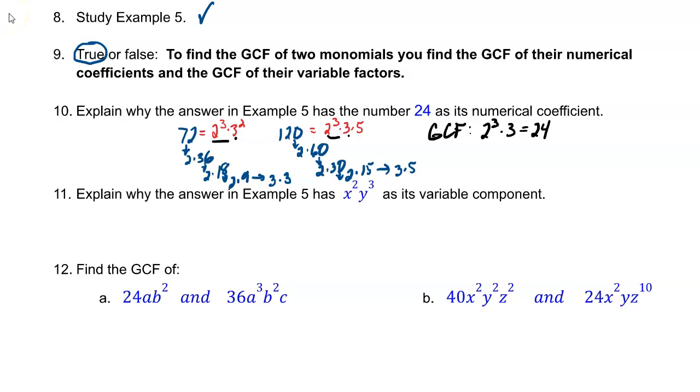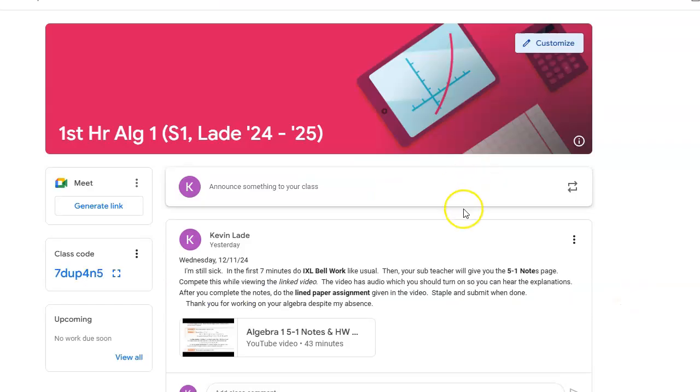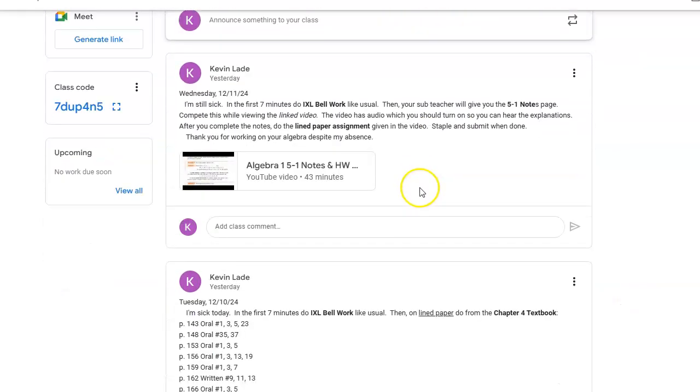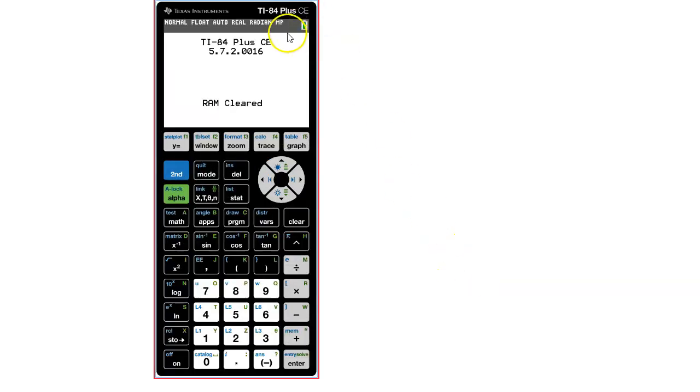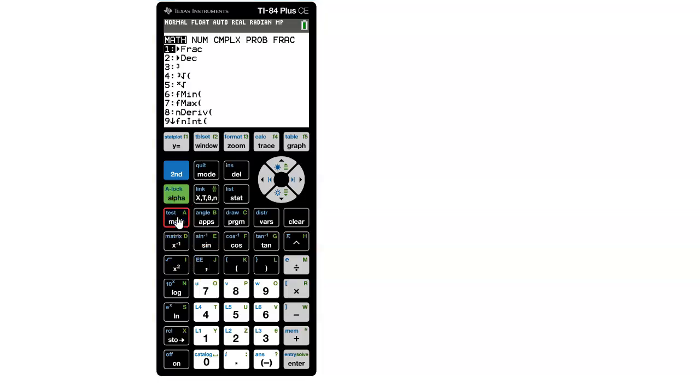Please remember yesterday I showed you how you can find the greatest common factor on a TI-84 graphing calculator. Here's our Google Classroom. In the stream, you'll find the calculators. Pick the fourth one, TI-84. To find greatest common factor, click on the Math button.